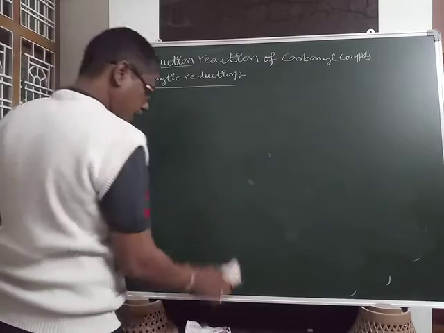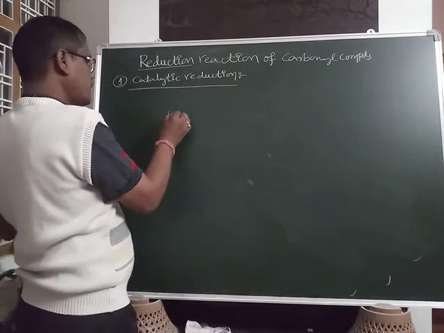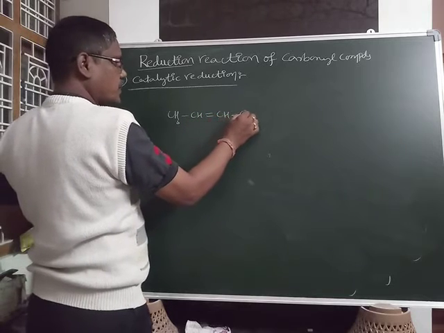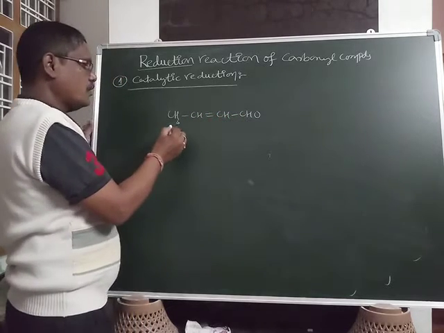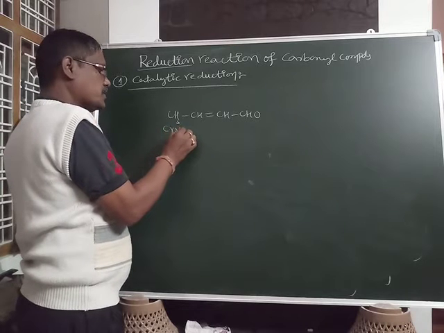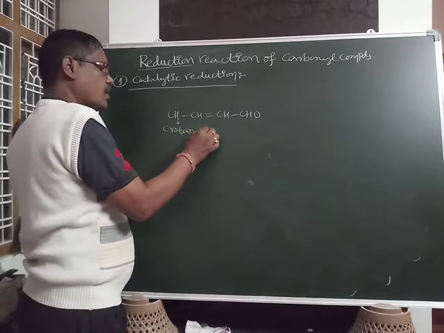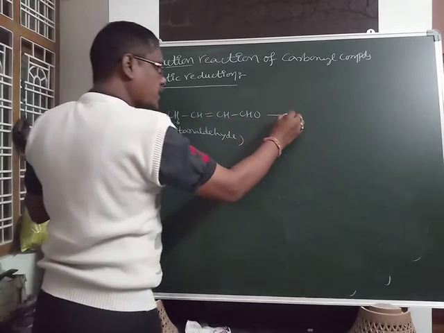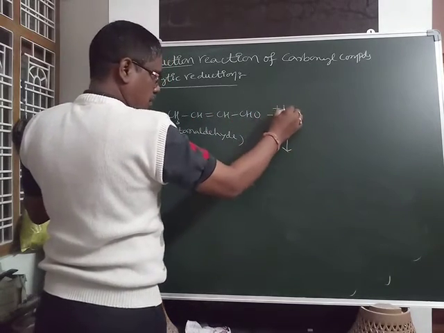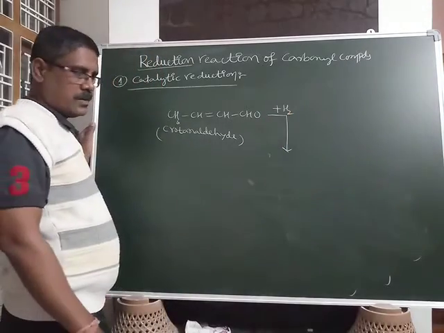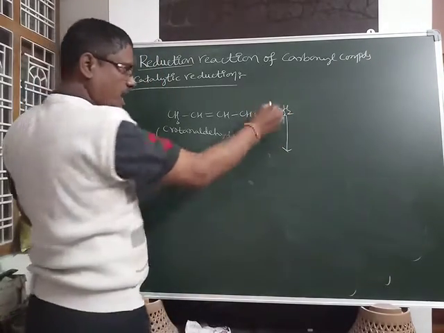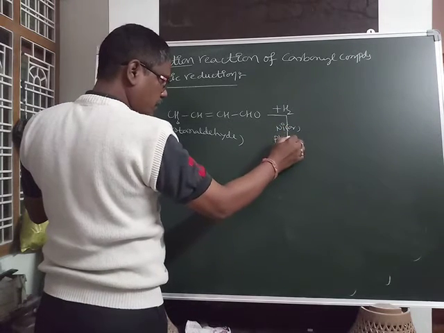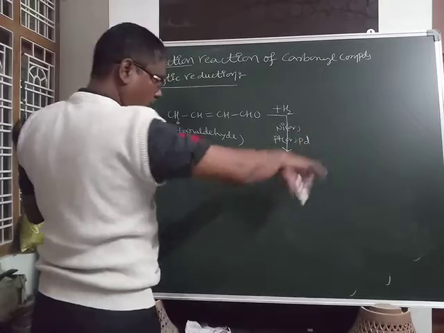When we take CH3 CH double bond CHO, this is called crotonaldehyde. When it is subjected to reaction with hydrogen in the presence of nickel or platinum or palladium, what happens?